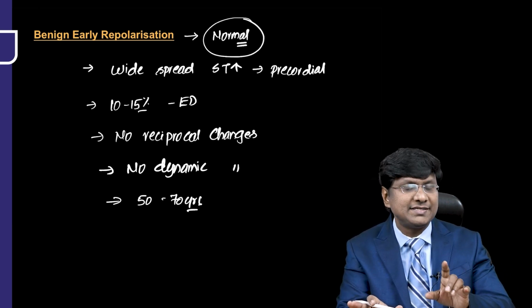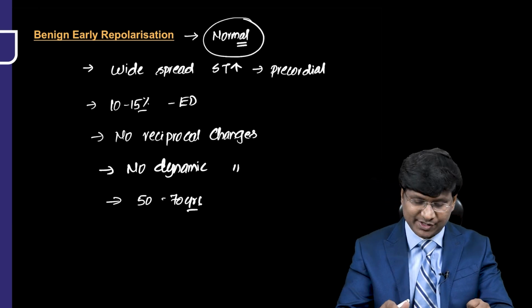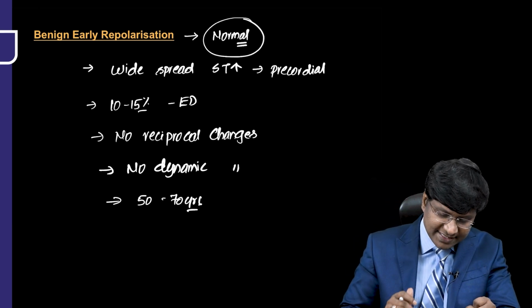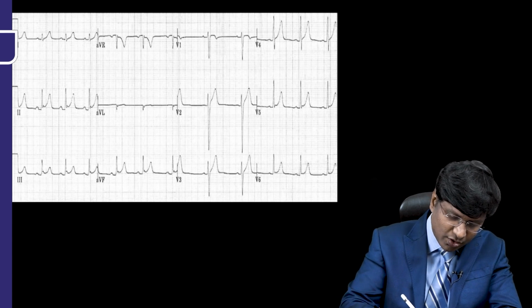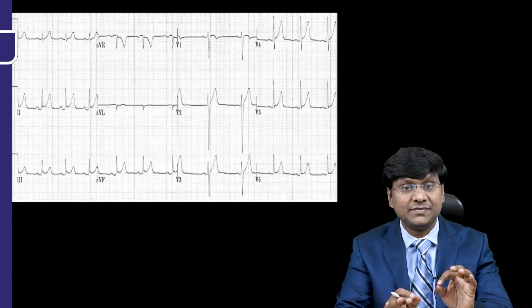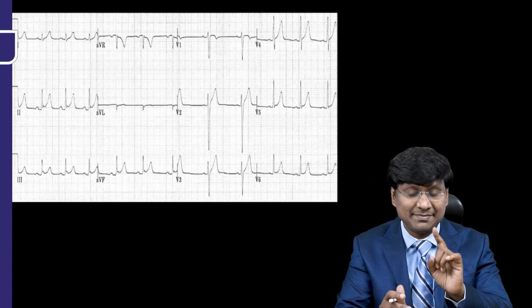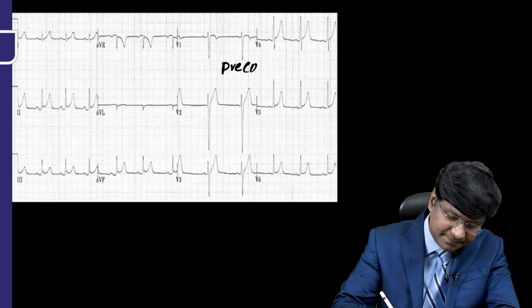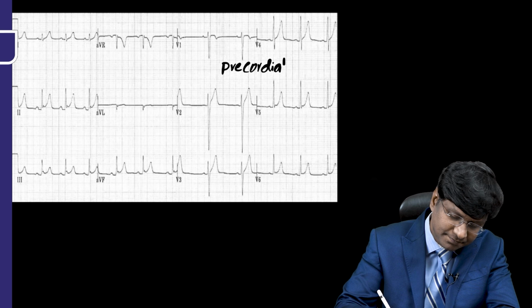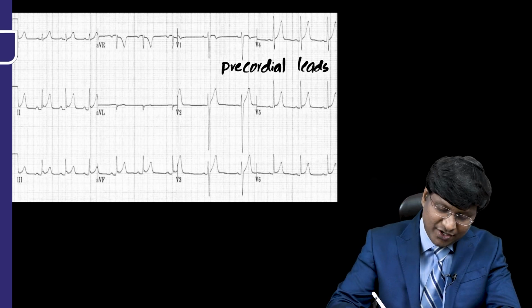And how do you recognize benign early repolarization? Number one, you will have ST segment elevation, and that ST segment elevation is prominent in the precordial leads. What are these precordial leads?